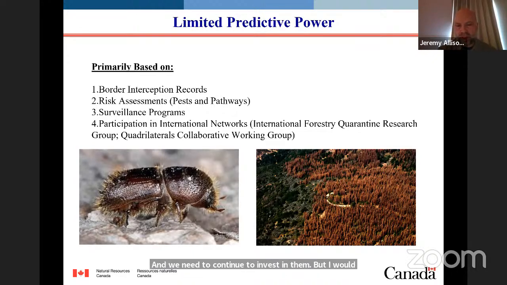The images here are of an Ips typographus outbreak in Europe, on the bottom right showing all the dead trees, and on the bottom left an individual Ips typographus. I don't remember exactly, but it's over 400 times that this insect has been intercepted in North America, and to our knowledge it has never once established. So while they're valuable sources of information, they're not perfect. And similarly, the other thing happens where something gets established but it's never been picked up.